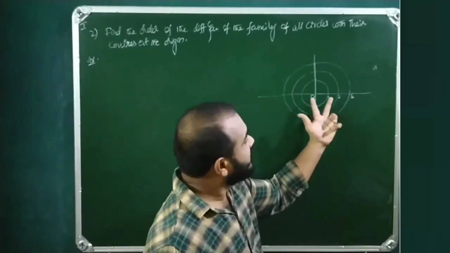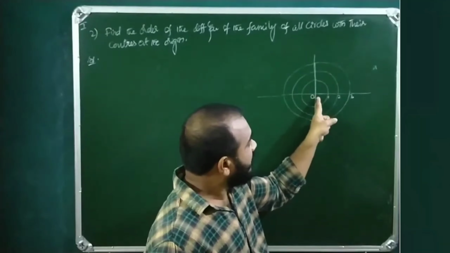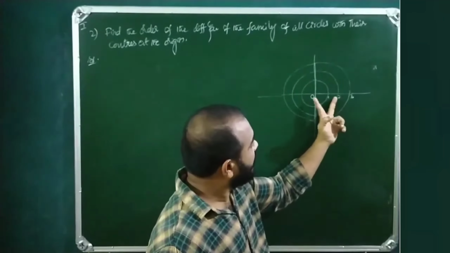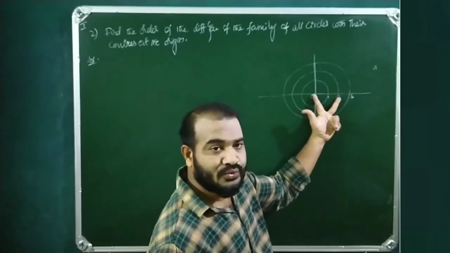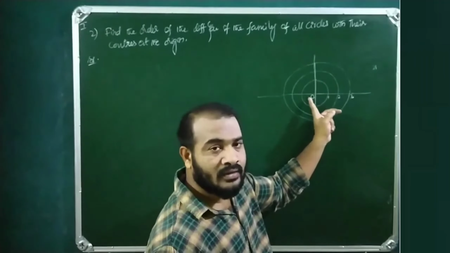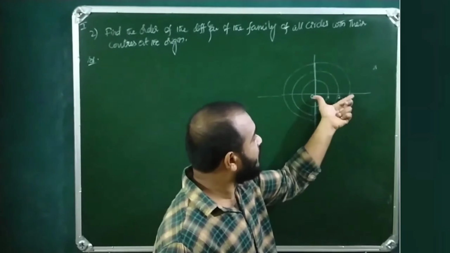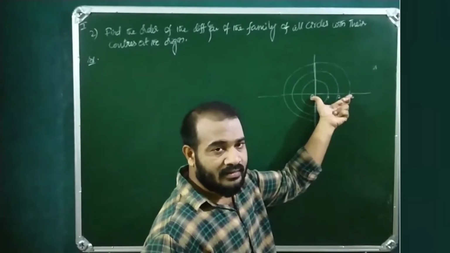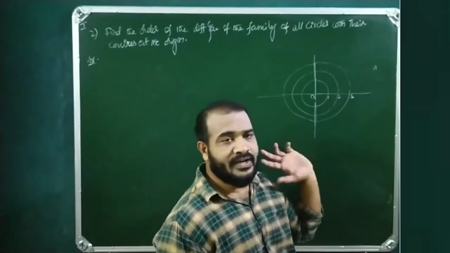That means this is the radius 1 unit having center at the origin. This circle has the radius 2 and the center at the origin, and this circle has the radius 3 and center at the origin, and there may be infinitely many.